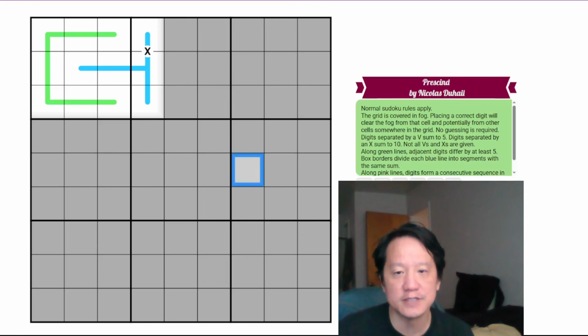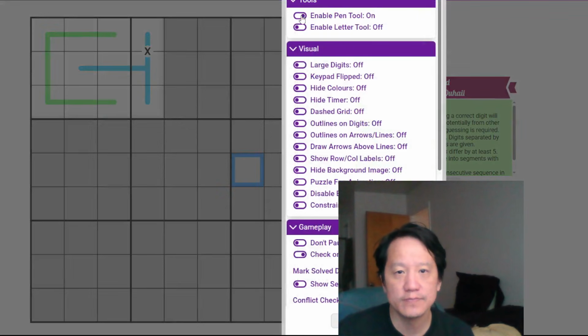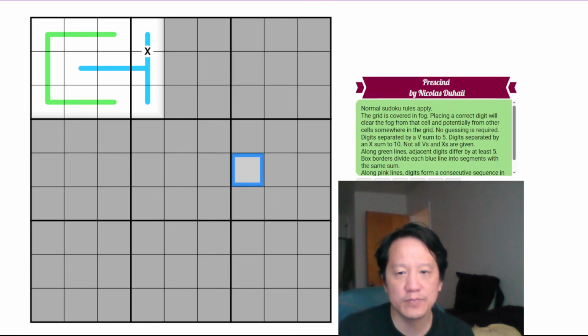So as an example, oops, we don't have the pen tool here. We also need a letter tool. So say that we had the blue X is basically a V. So say we had a V here.